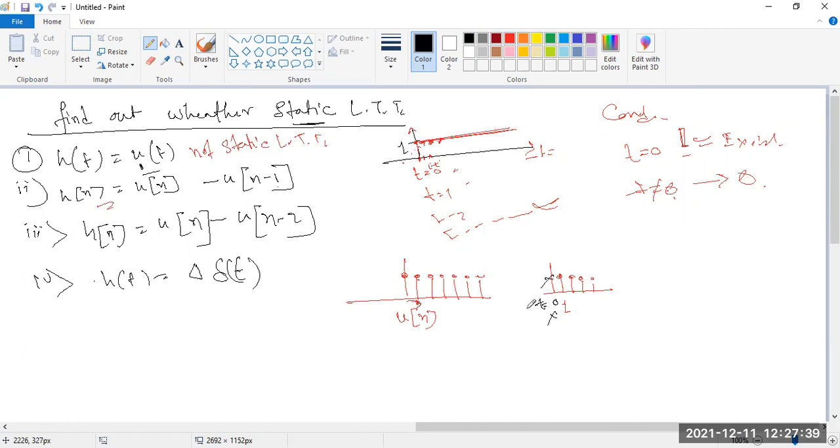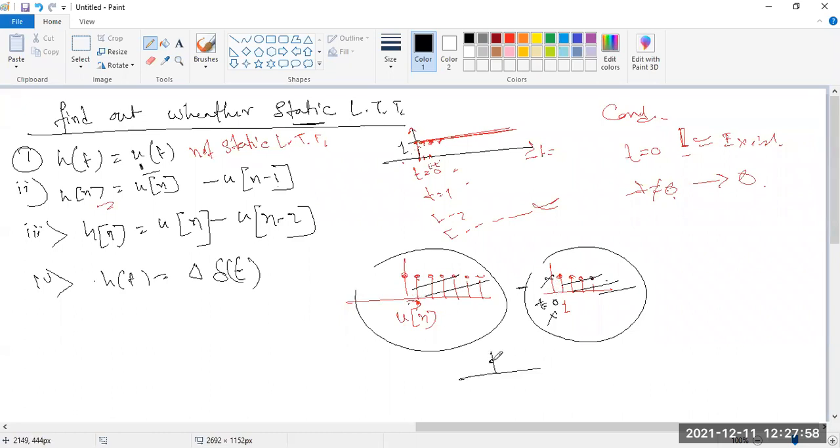So if I subtract this term from u of n, all these terms are nullified, and only t equal to 0 remains.